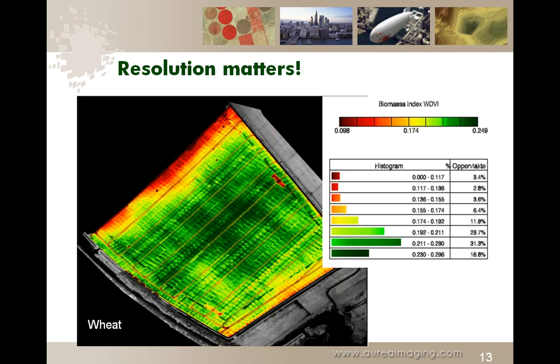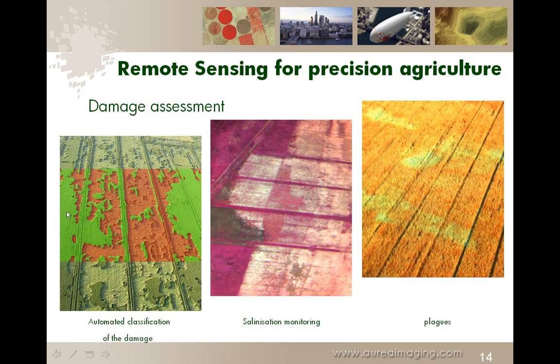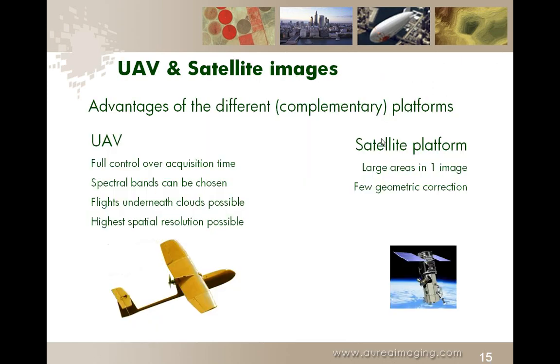So what other kinds of things we can do with this imagery is damage classification, salinization monitoring. We can see plagues because of the high resolution. So to finish, we can quickly have a look at the advantages of the different complementary platforms, which are satellites in this case for imagery, and our UAV, or any UAV in fact.